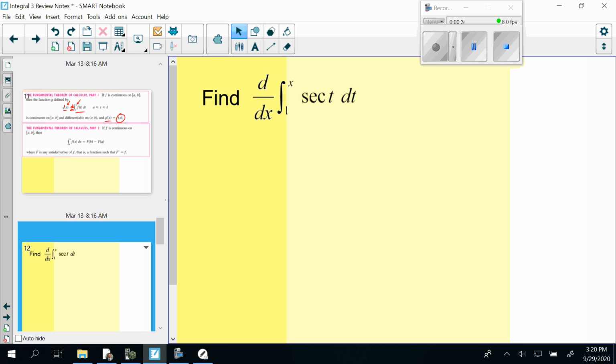So this one, you can see they want us to find what is the derivative of this integral, which is a function of t, but we're finding it as x is one of the variables there.